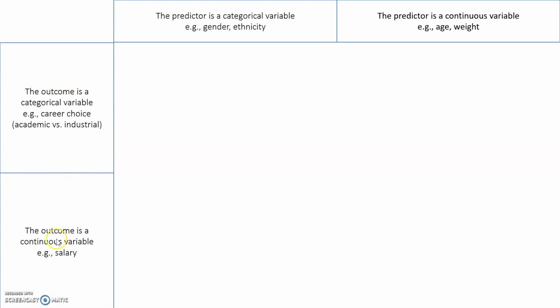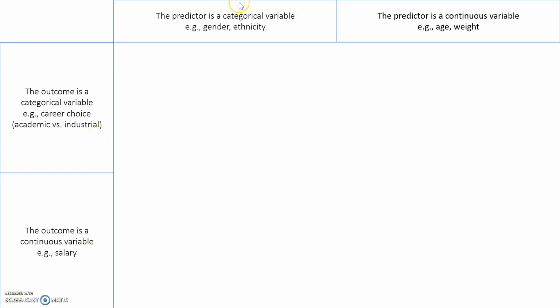It is either or. And another possible outcome variable we could have is a continuous one, such as your salary, right? Your salary can take any number, ranging from 0 all the way up to, I don't know, 10,000 or even 100,000.